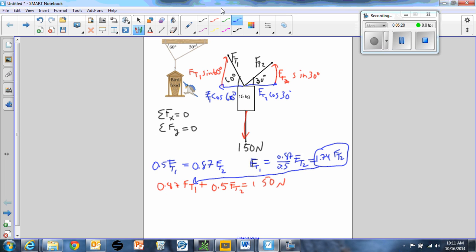So basically I'm going to have, I'll color coordinate this, 0.87, and then for FT1 I'm going to put some brackets here, 1.74 FT2, plus 0.5 FT2 equals 150 newtons.